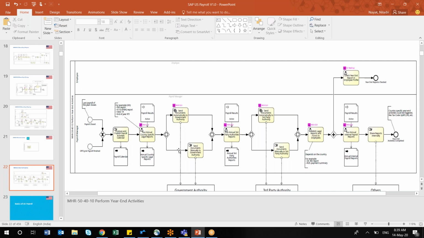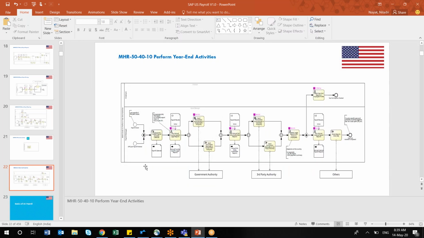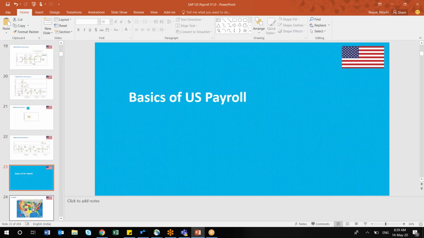Here you will find the different third-party authority reports and how you can schedule them. From the web GUI it will be scheduled, and the documents are automatically sent to your third-party authorities as well. That will be covered in this topic, which is the year-end and mid-year-end activities.